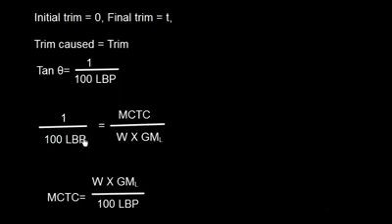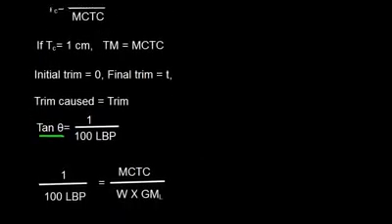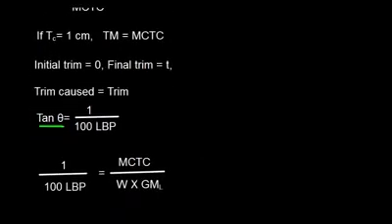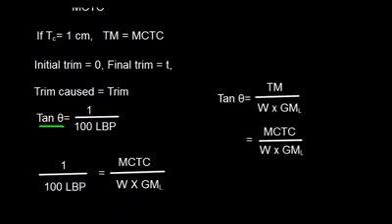Now this 1 by 100 LBP, that is tan theta, trim by LBP, which is 1 by 100 LBP, is equal to GG1 by GML, which is MCTC by W into GML. Well, this has come from the formula that tan theta is equal to trimming moment divided by W into GML, where the trimming moment is equal to MCTC.